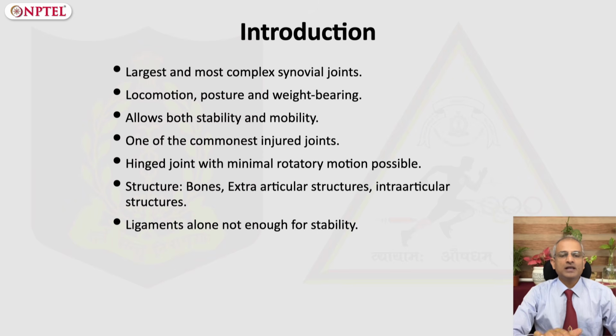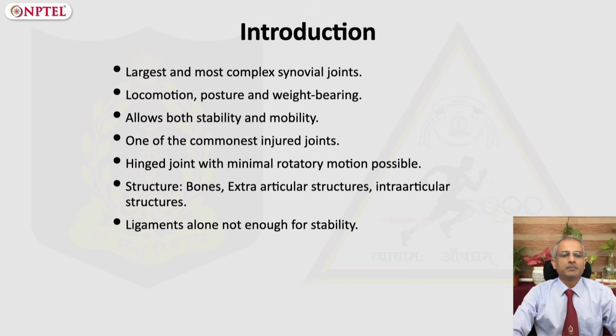It has a fine balance between stability and mobility, and this is essential for daily activities and athletic performance. Although primarily a hinge joint, it allows a small degree of rotatory motion, which is critical for smooth and efficient movement. Structurally, the knee is composed of bones, extra-articular structures, and intra-articular structures.